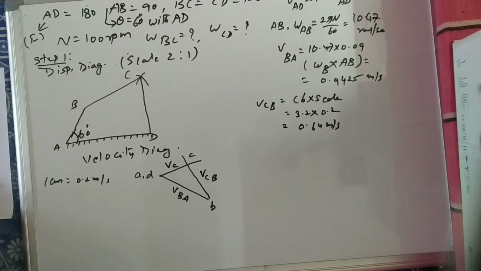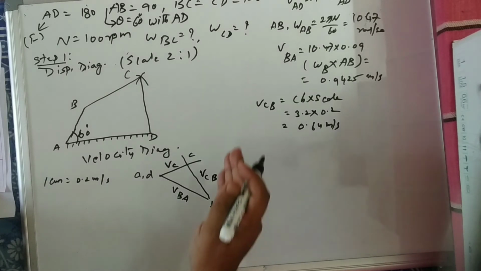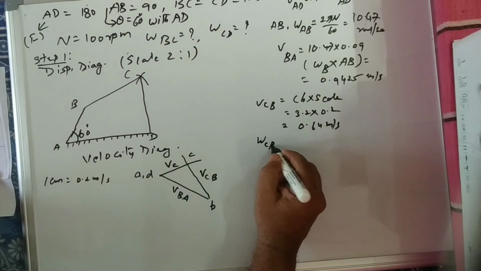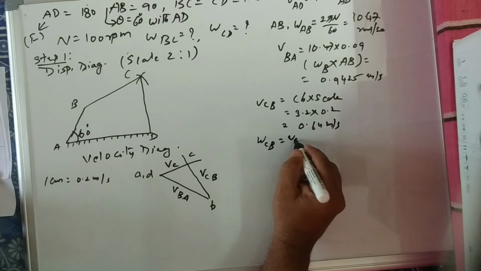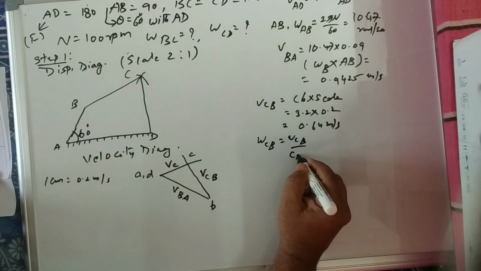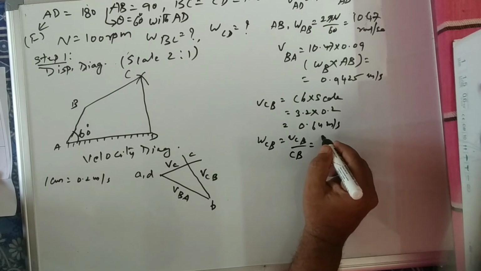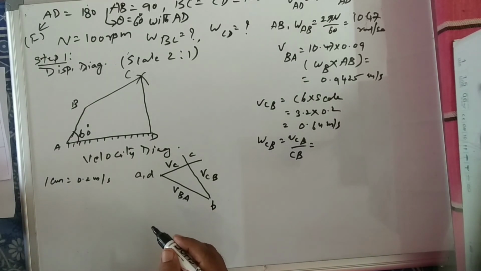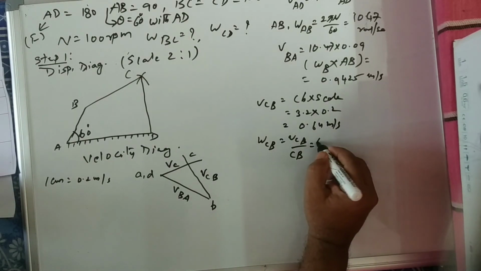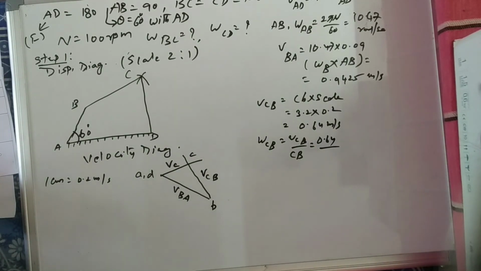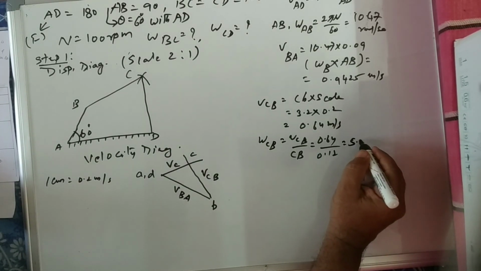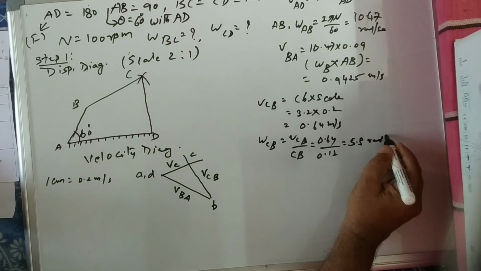Once you know the linear velocity, the angular velocity omega CB is equal to VCB divided by the length CB, that is 0.64 divided by 0.12, and this value will be 5.3 radians per second.